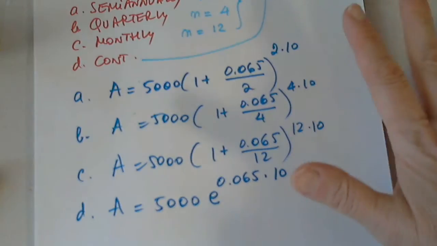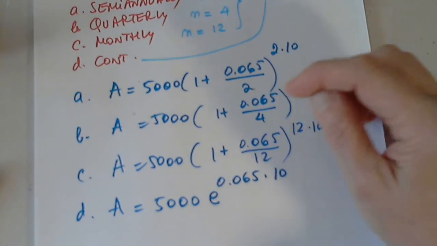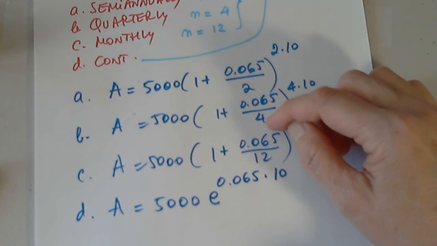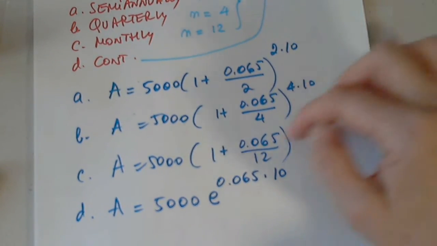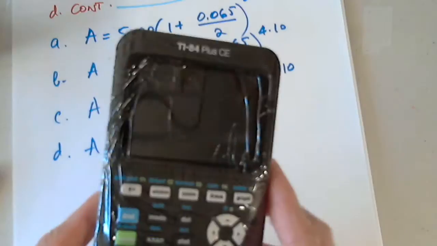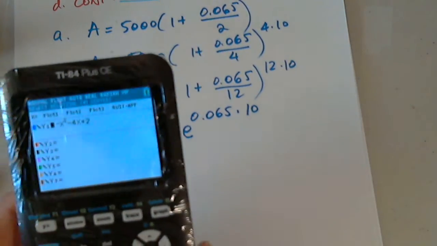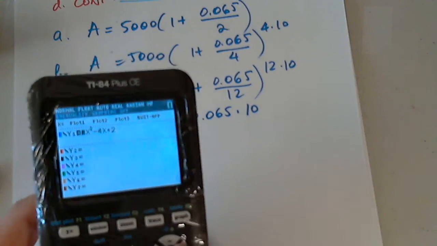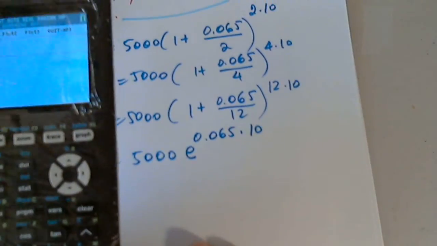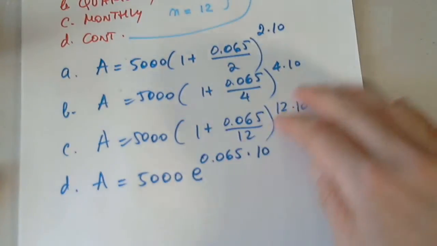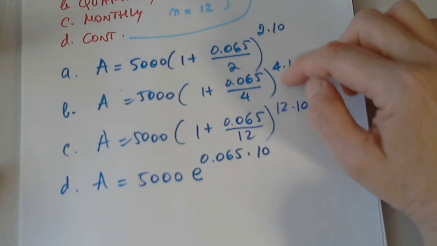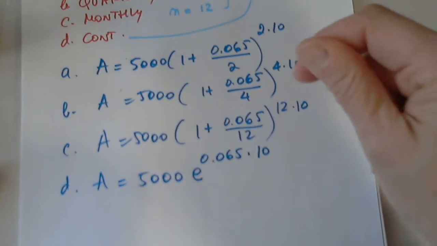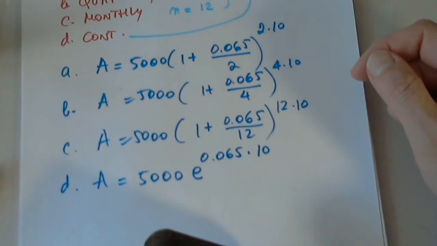So first of all, let's see what happens with the first three. This becomes 2, and it becomes 4, and it becomes 12. So this is the only number that changes. I recommend, because this is very useful, go to y equals. Clear if you have anything in there, and put this in as a function with x in the denominator and x in the exponent, so we can punch in the numbers all at once and not have to do this 3 times.